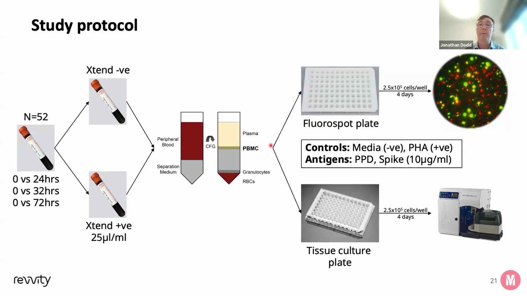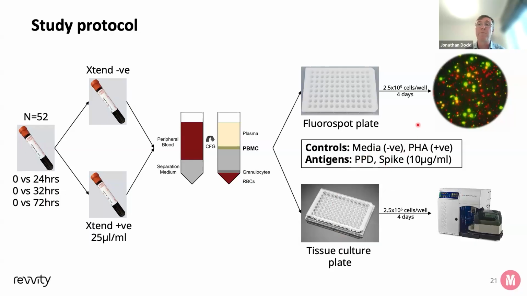These were then prepared for culture on two platforms. We used FluoroSpot plates supplied by Mabtech, and we used flow cytometry. We cultured the cells prior to their analysis by antibody staining. We used 4 experimental conditions in the assays: 2 controls, media as a negative control and PHA as a positive control, and 2 model antigens that we use in-house regularly, purified protein derivative and spike protein from the Wuhan strain.